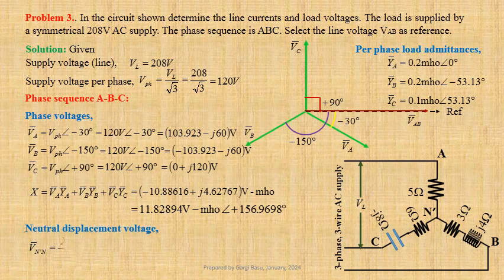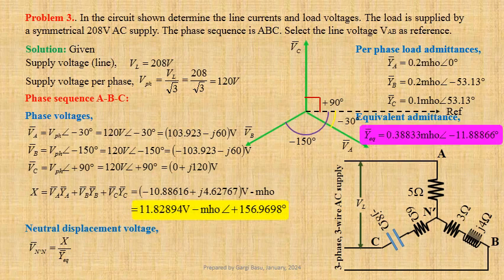Expression for neutral displacement voltage Vn'n equals X divided by YEQ. We have obtained equivalent admittance YEQ equals 0.38833 mho at an angle minus 11.88866 degree.